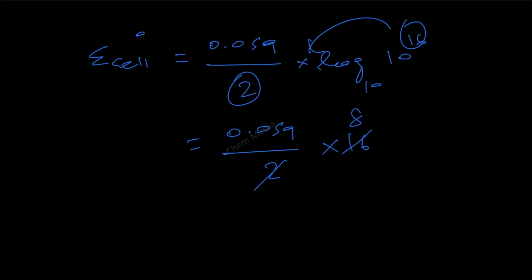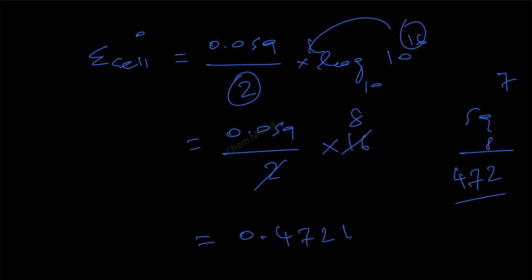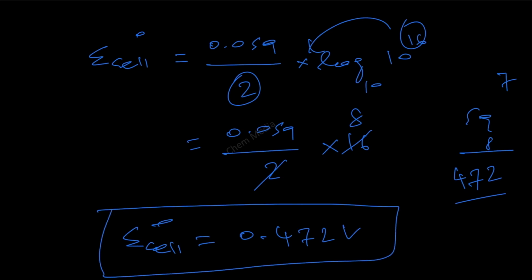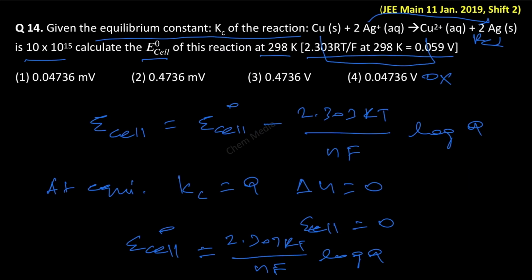This means 0.059 times 8. 59 times 8 would be 8 times 9, 72, remaining 7. 8 times 5, 40. So, 47. So, therefore, this will be 0.472 volts. The Ecell standard value is this. This means option 3 is correct. The closest value that we can see is this one. So, therefore, option 3 is correct.